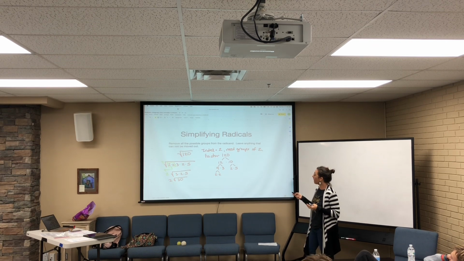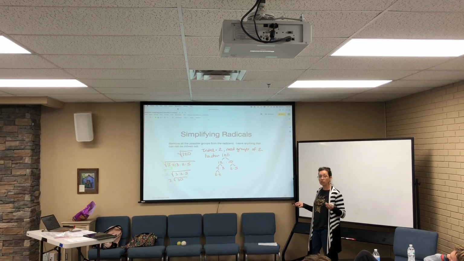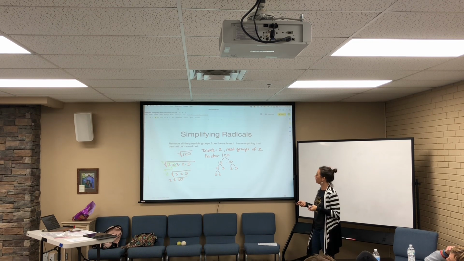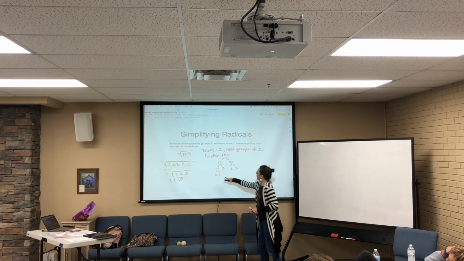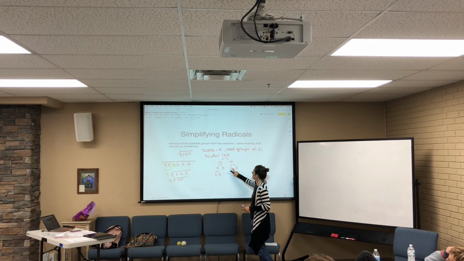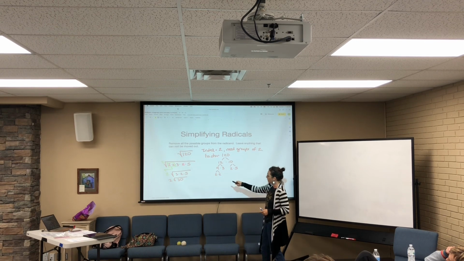And so to do that, I'm going to factor 120 all the way down to the smallest factors. I use the little factor tree over here. And how you choose the factor in group is up to you. You just need to get groups of 2. So in this case, when I finished factoring down, I had 2 times 2 times 3 times 2 times 5. So I just lined it all up.